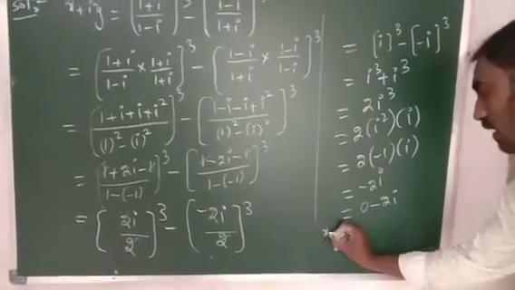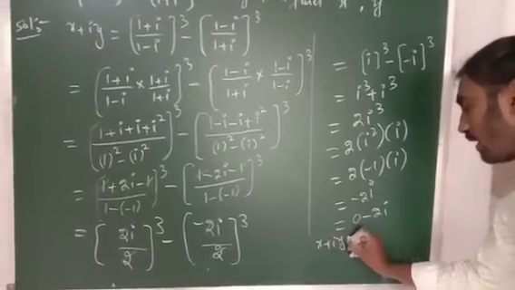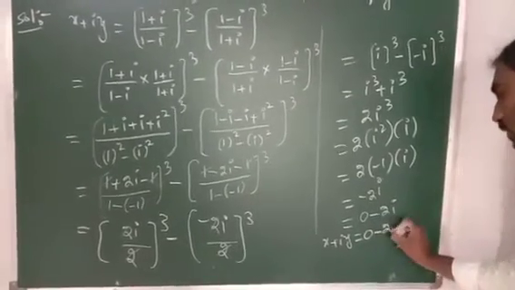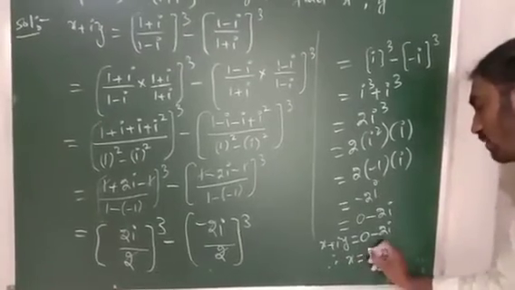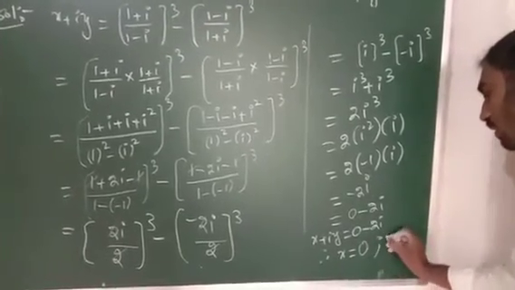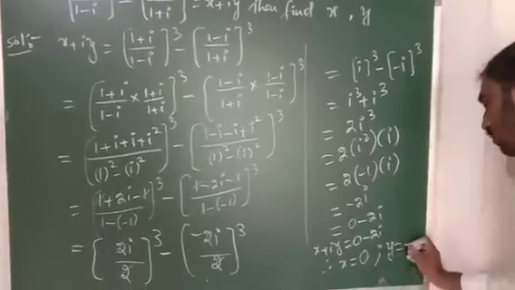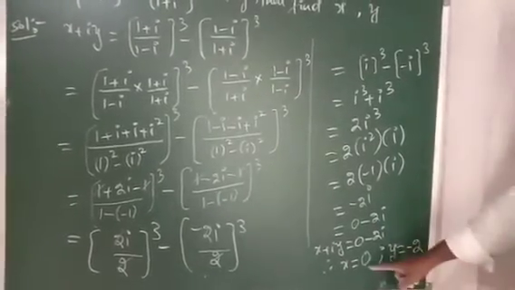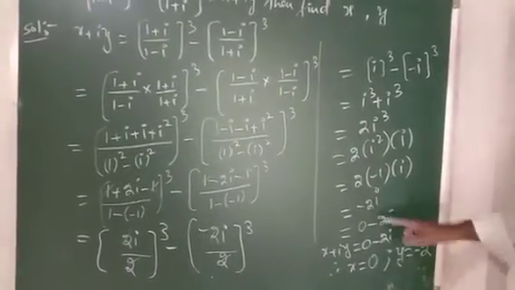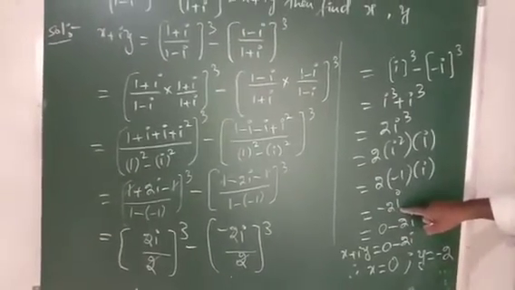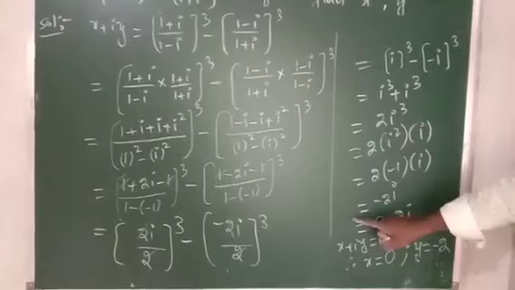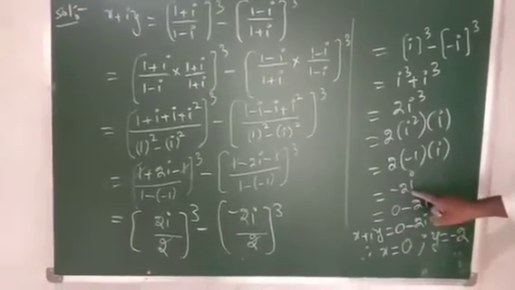Here it is x plus iy equals 0 minus 2i. Therefore x value is 0 and y value is minus 2. We got the answer minus 2i.